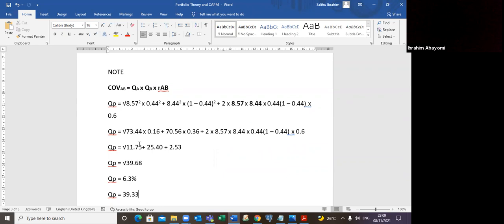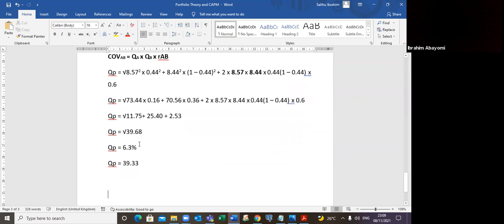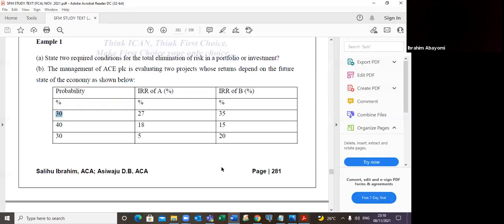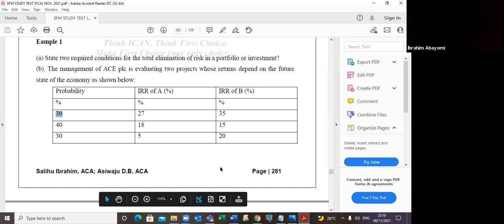So we have computed the risk of the portfolio, and that has given us 6.3. We now go to the next requirement. By now, you know how to compute the risk of an individual investment. You know how to compute the return on the portfolio. You know how to compute the risk of the portfolio.